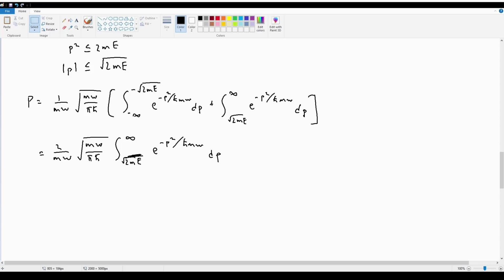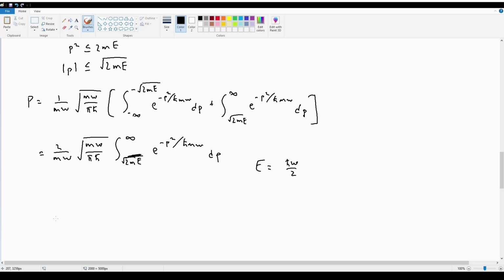Okay, so at this point, we recognize that we're dealing with the ground state of a simple harmonic oscillator, right? So we already know what the energy is, because the ground state of a simple harmonic oscillator has E equal to h bar omega over 2.